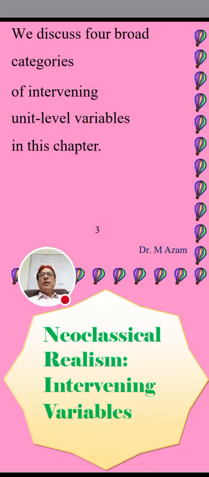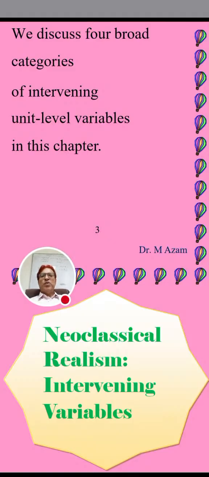So here in New Classical Realism, the scholars, the theorists, focus on intervening variables. Intervening variables mean there are dependent and independent variables, and between them, these variables are important.